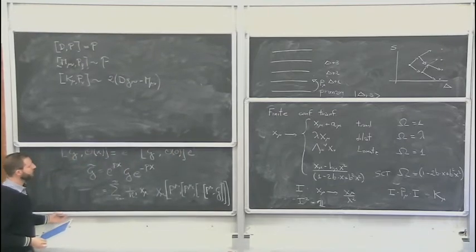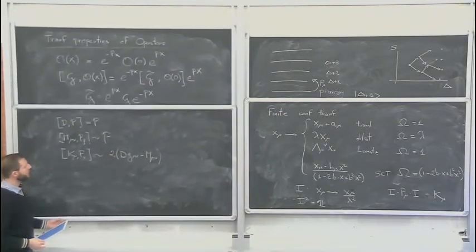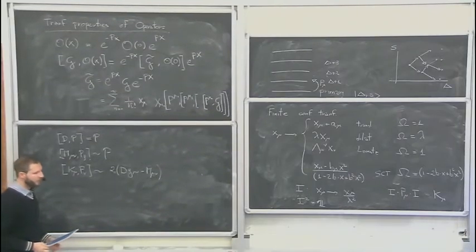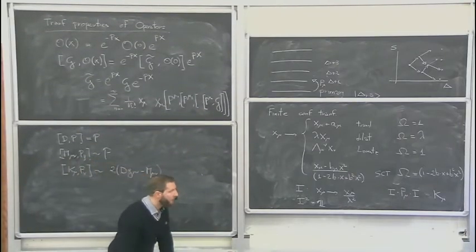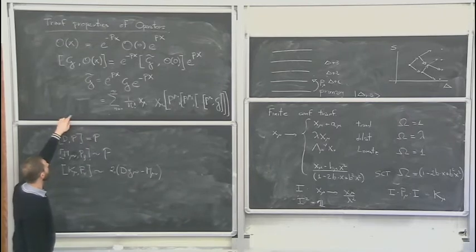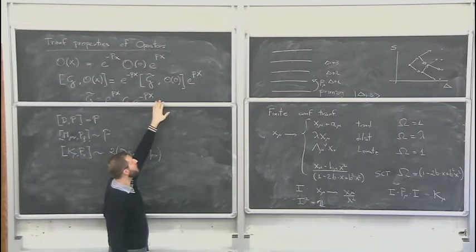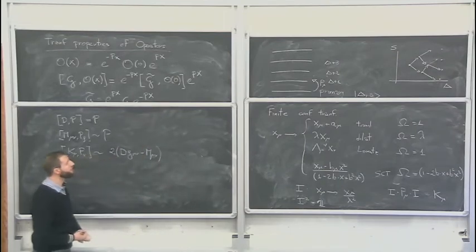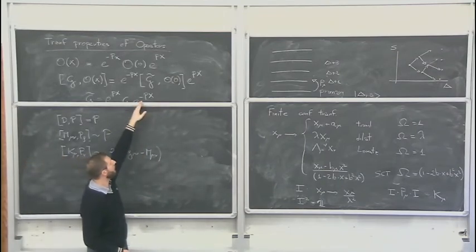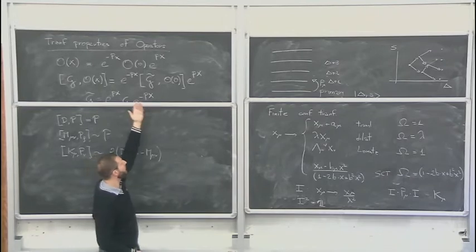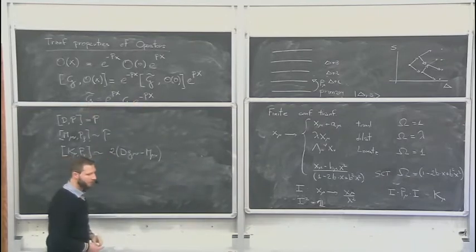So this is to say that we don't have to worry about this commutation relation here. We can just define commutation relations for the operator inserted at 0, and then define the rest in terms of this formula.